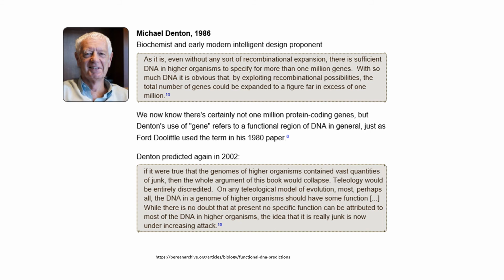It is the underlying purpose, the underlying deliberateness behind why something is created. And he is saying that on any teleological model of evolution, most or perhaps all the DNA in a genome of higher organisms should have some function. So this was a testable scientific prediction that the theory of intelligent design not only can make, but did make years before the junk DNA hypothesis was discredited.